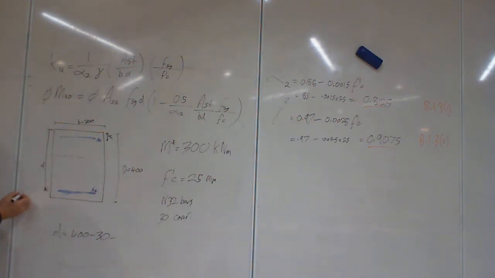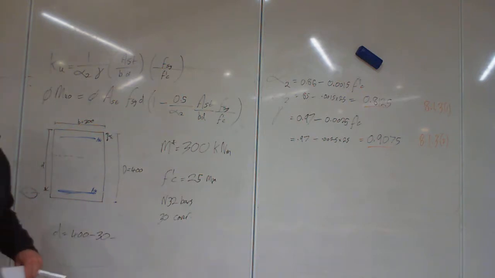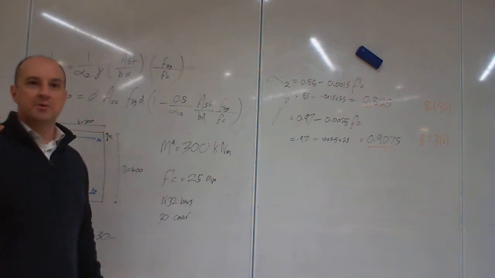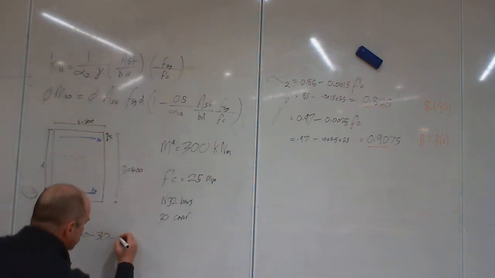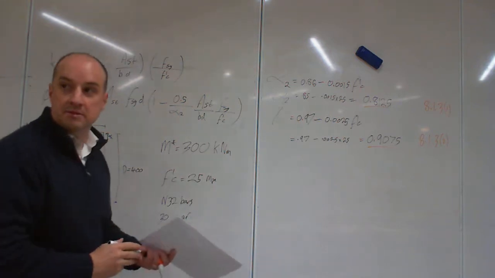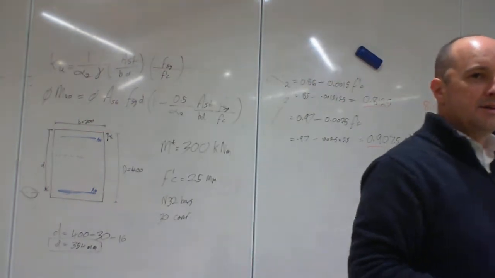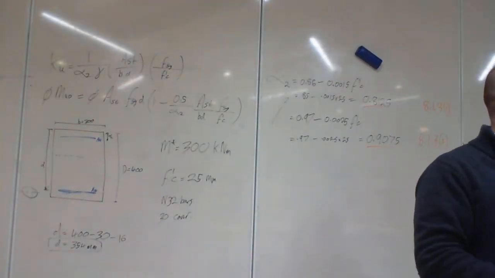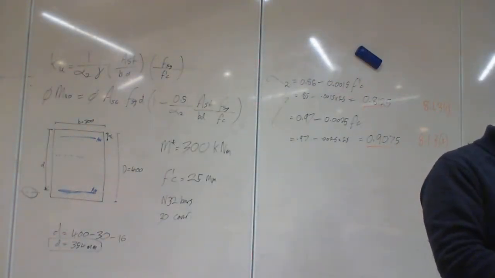So if the bar is like that, we have to get to the middle of the bar, so we take half of the diameter of the bar. Remember, it was an N32 bar? So minus 16. 400 minus 30 minus 16 is 354 millimeters. Okay? Is that right? Yeah, thanks. If someone just checks this and stops me making a mistake, that'd be awesome.